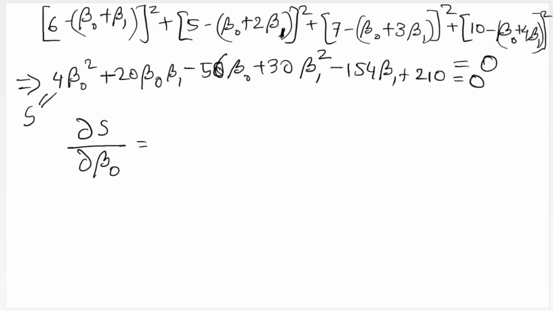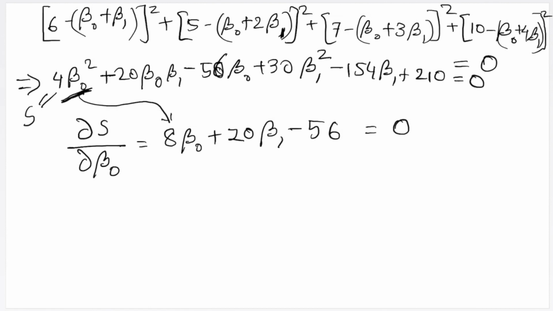So we will have 8 beta naught plus 20 beta 1 minus 56. And in the right side also, if you take partial derivative with respect to beta naught, you will receive 0. Now let me explain this one. If you take partial derivative of this particular term, it will be 8 beta naught. If you take the partial derivative of this term, it will be 20 beta 1.